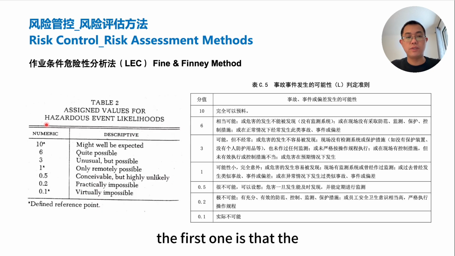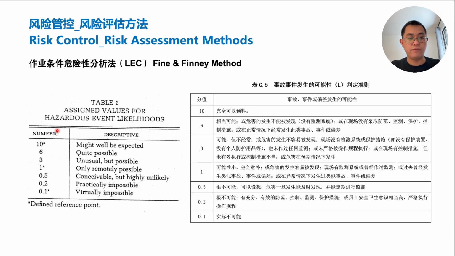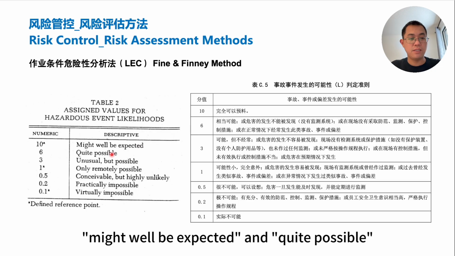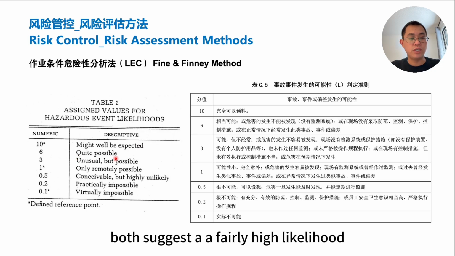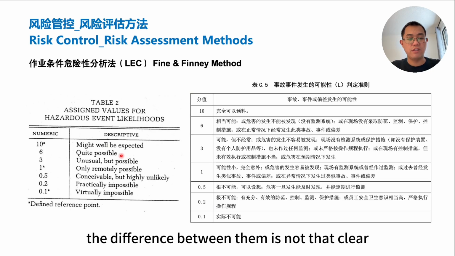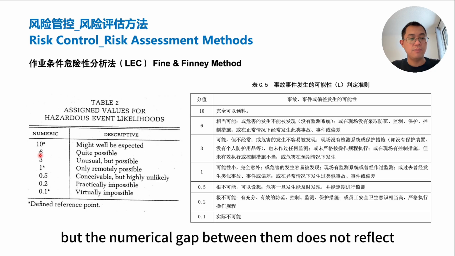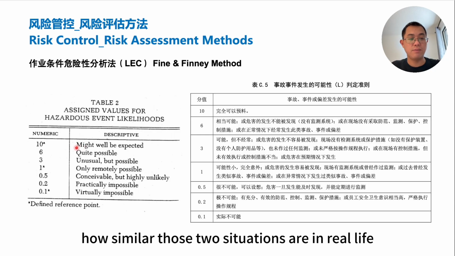The first one is that the likelihood rating is highly subjective. If you look at criteria like "might well be expected" and "quite possible," both suggest a fairly high likelihood. In practice, though, the difference between them is not that clear. In the ratings, one is rated as 10 and another as 6, but the numerical gap between them does not reflect how similar those two situations are in real life.